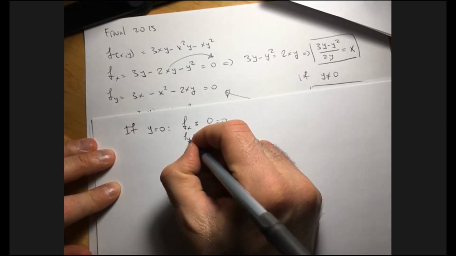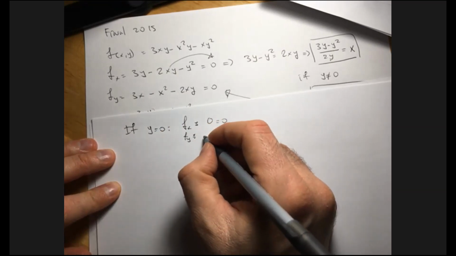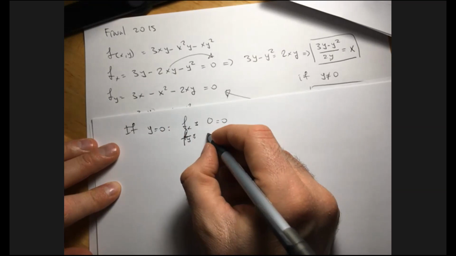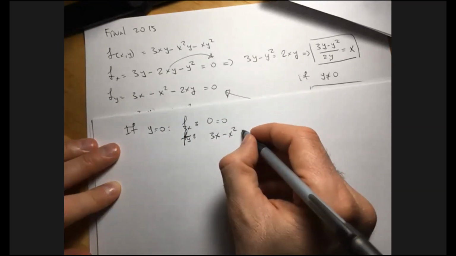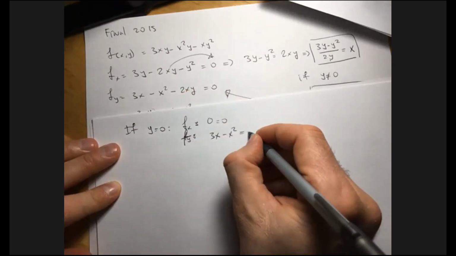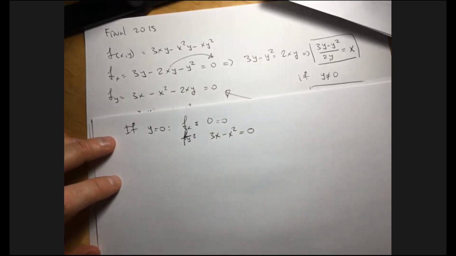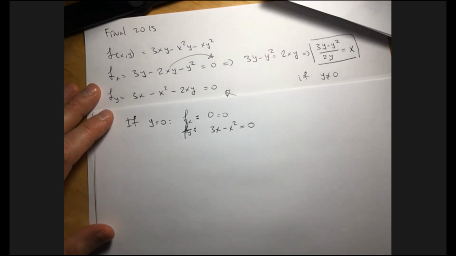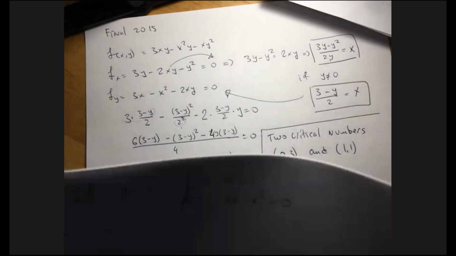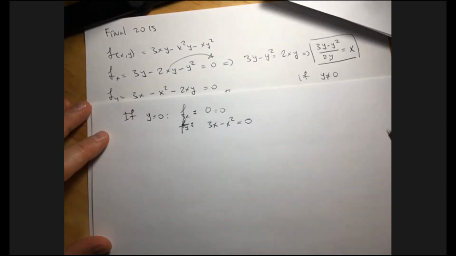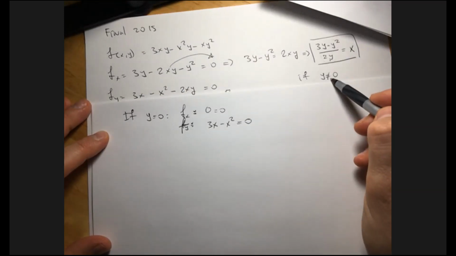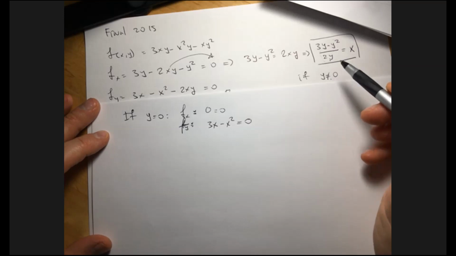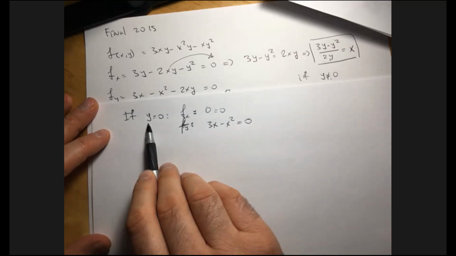And partial f partial y becomes 3x minus x squared minus 0 is equal to 0, right? So be careful. You have to account for every value. So I was able to simplify this expression as long as y was different than 0. But now you have to ask the question, what happens if y is equal to 0?